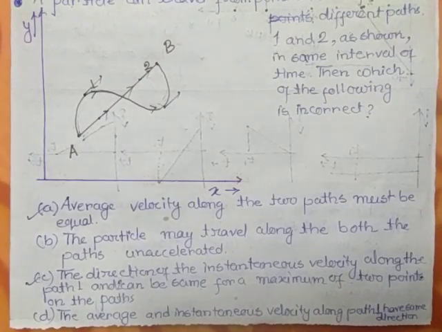The average and instantaneous velocity along path 1 have the same direction. So what it basically says is about the average velocity and the instantaneous velocity.